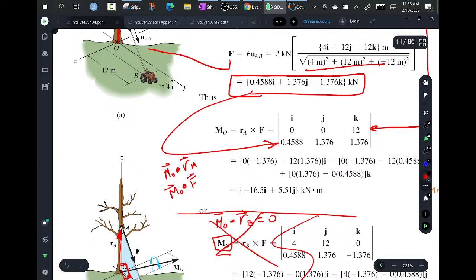I'm dotting it. So now I'm going to take this number times that number plus this number times that number plus 0 times that number.